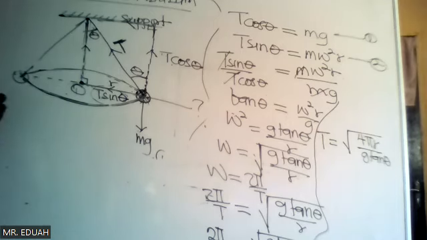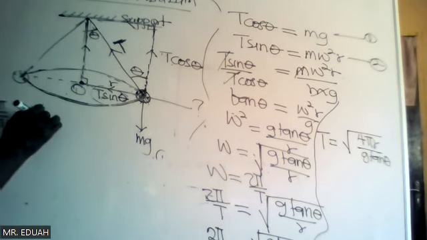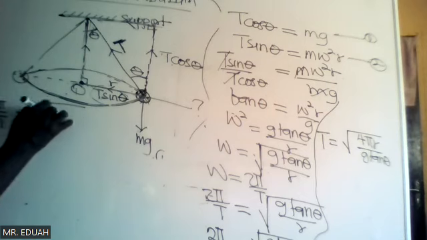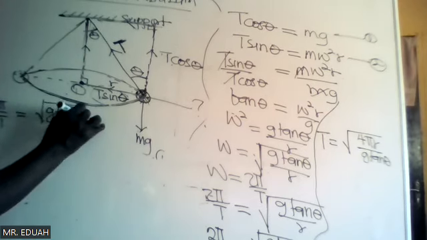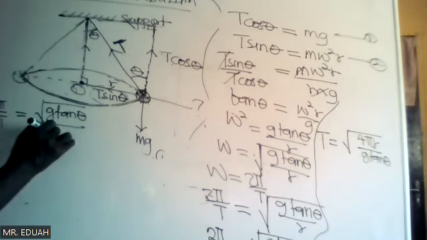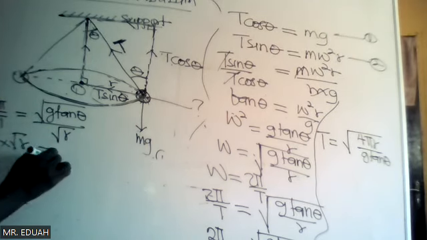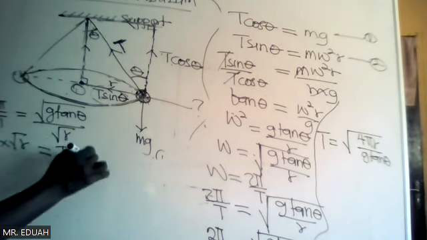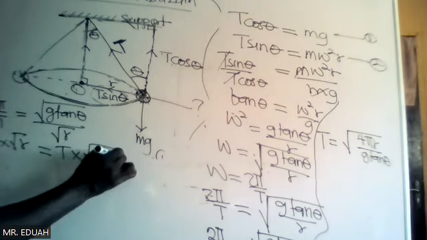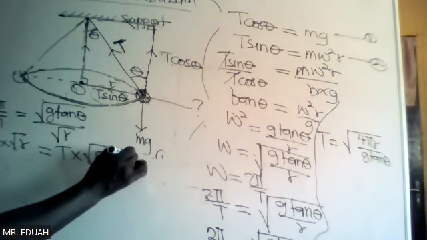Assuming this is what I have, 2 pi on T is equal to the square root of, I'm breaking them under different root signs, and I'm making T the subject. Of course, you cross multiply. So you have 2 pi times root of R is equal to T times root of g tan theta, isn't it?